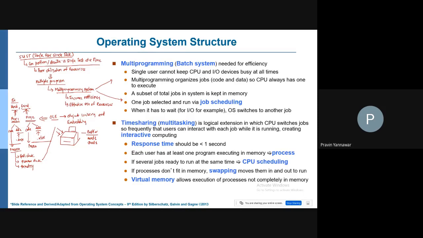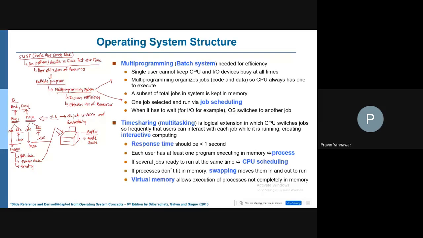If the device is available, the Word document gets printed, then Excel gets printed, but at the printer side it is buffered. When a program has to wait for some IO operation, the OS switches to another job. So till the Microsoft Word document is printing, Excel is in a wait state.